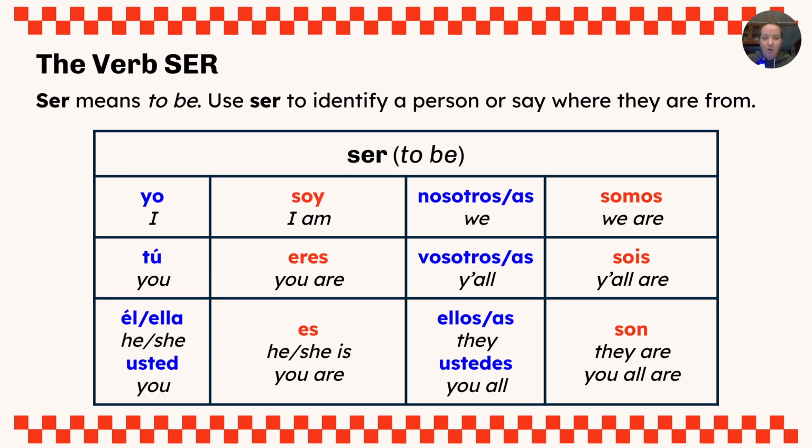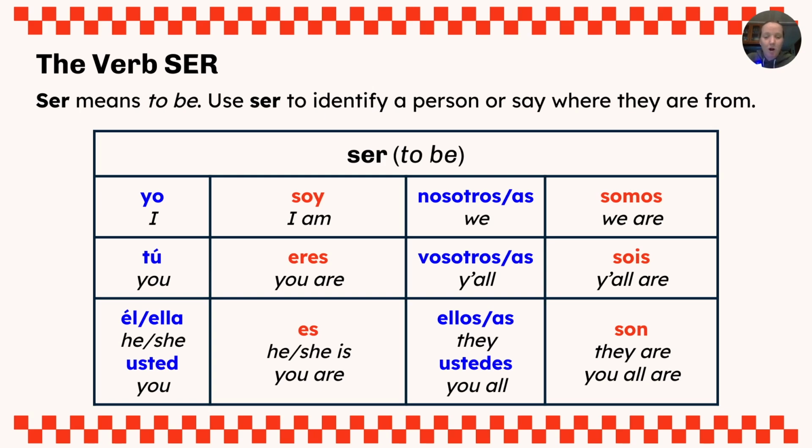Now moving on to our plural forms. To say we in Spanish, you would say nosotros or nosotras. To say "we are," you would say nosotros somos or nosotras somos. The next form is actually only used in Spain, and I'll touch on it more later in this video. It's a form that you might come across, but it's not one that we use a whole lot in class.